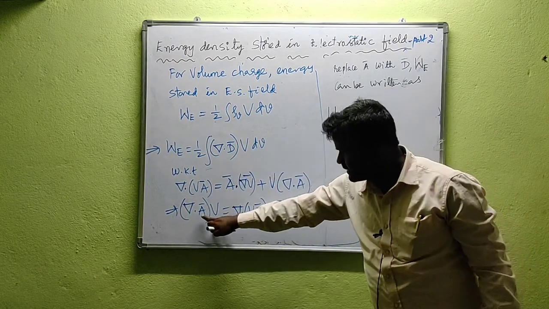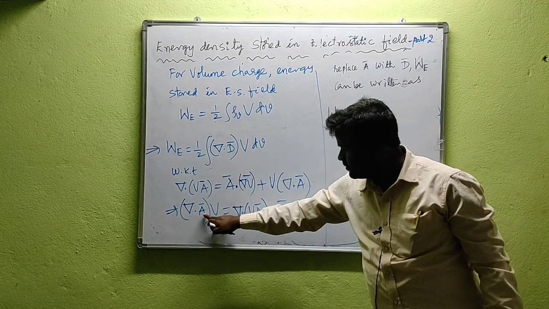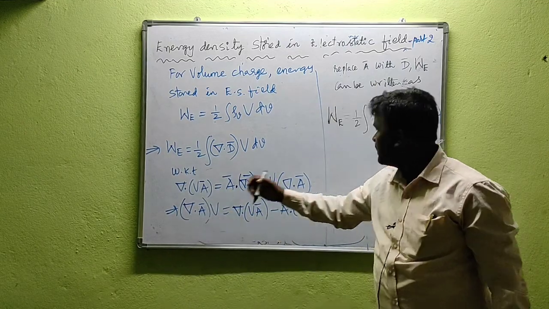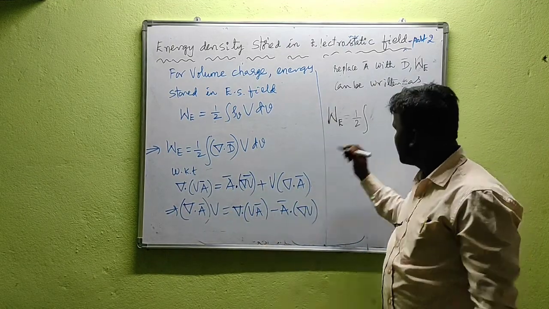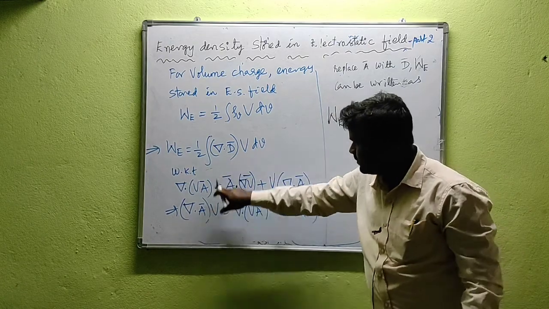If I replace A with D, this becomes del dot D into V, which is equivalent to del dot D into V. Both are the same.